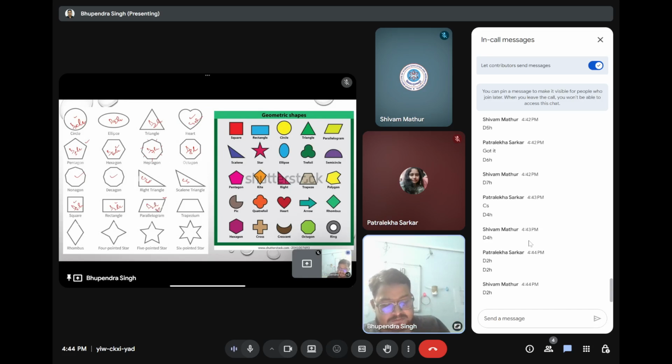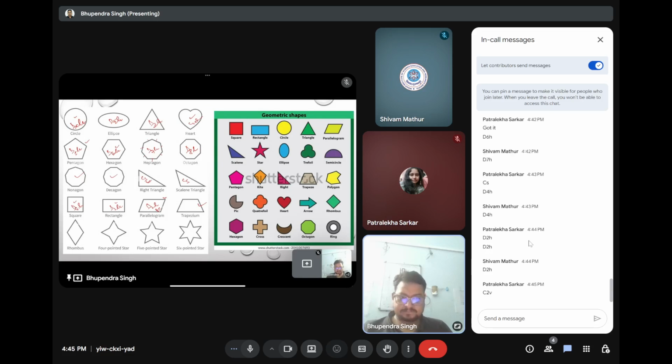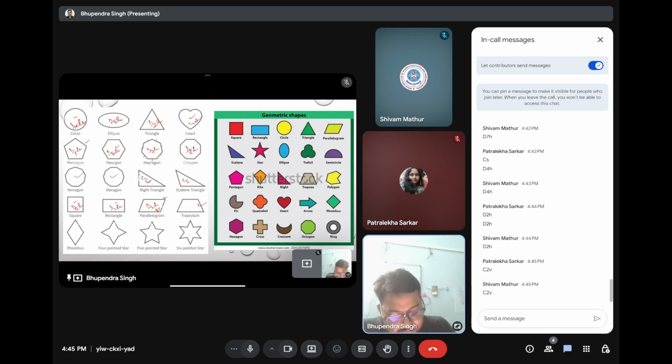Okay. Trapezium. Okay. According to this picture, okay, C2V. Okay, rhombus.